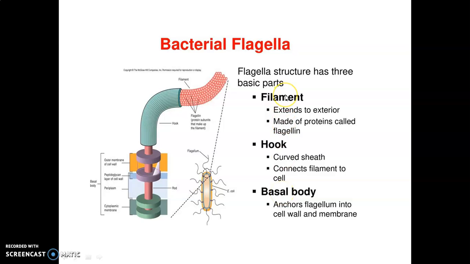The filament is the longest portion and extends from the cell surface to the outside. This is the filament, the first part. Next one, the hook. It's a curved sheath that connects the filament to the cell. Then the basal body anchors the flagellum into the cell wall and membrane. Besides flagella, pili and fimbriae are also surface structures of bacteria but do not play a role in motility.